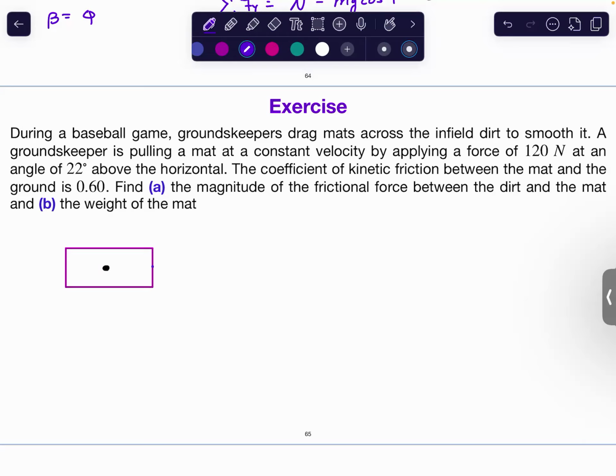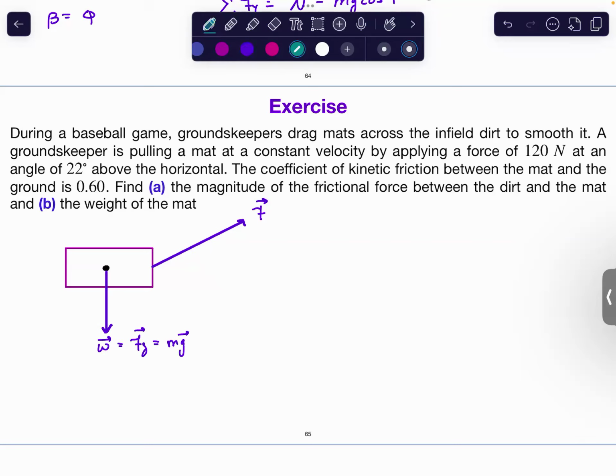I like to draw them out here because I'm going to work with components, and I just think it makes it easier. That's our applied force. We are going to have a weight.